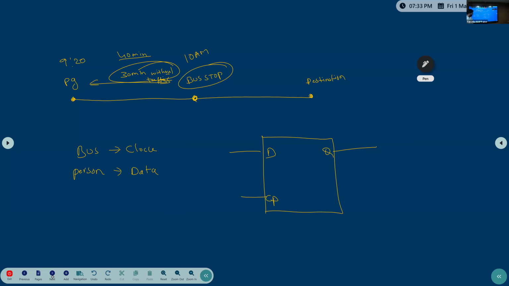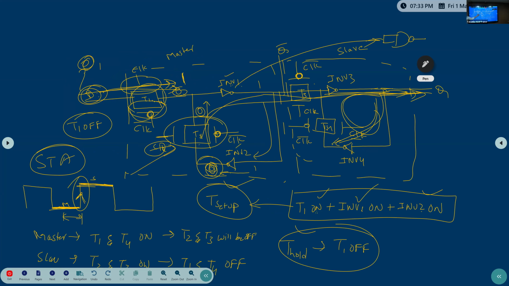So how will the timing arc be? D to clock CP pin, and from CP pin to Q. CP pin to Q will be TP, the propagation delay. What is this propagation delay? In terms of terminology, it is T2 on time, inverter 1 on time, T3 on time, inverter 3 on time.